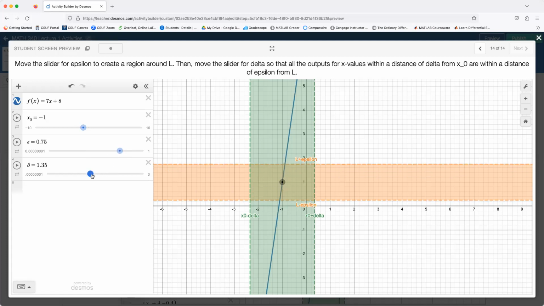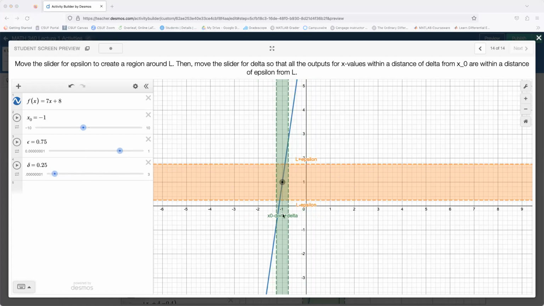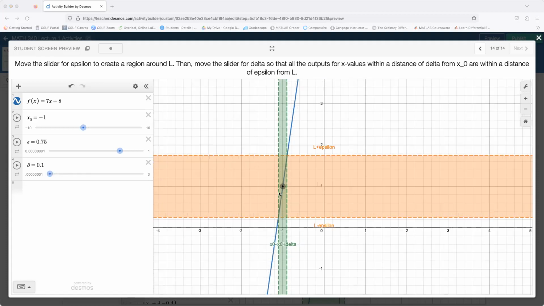And the idea of the limit is that I can then pick a distance from the x value, from -1 here, where if I get close enough, all of the output values, meaning all the function values in here, are inside the orange distance from my limit.